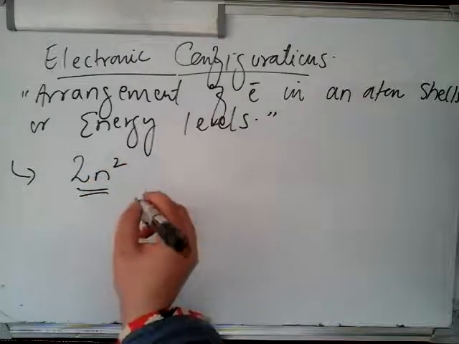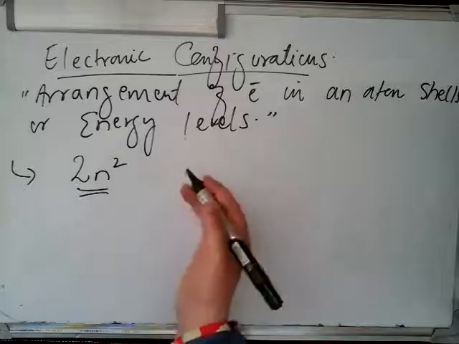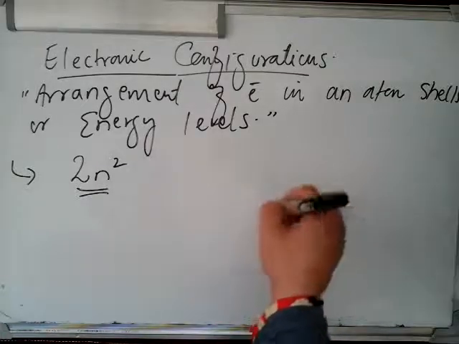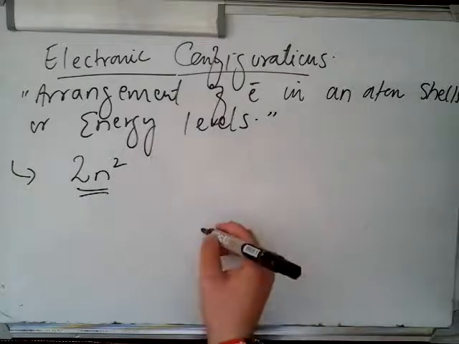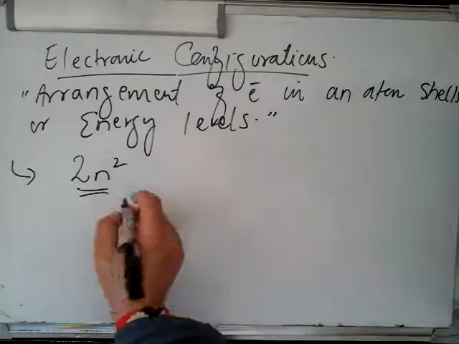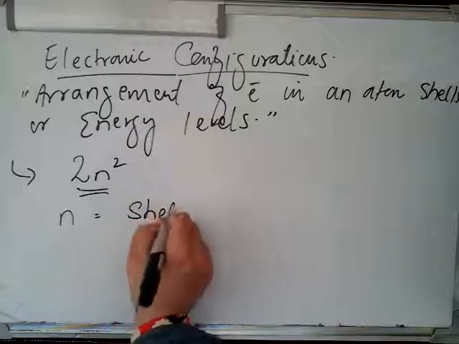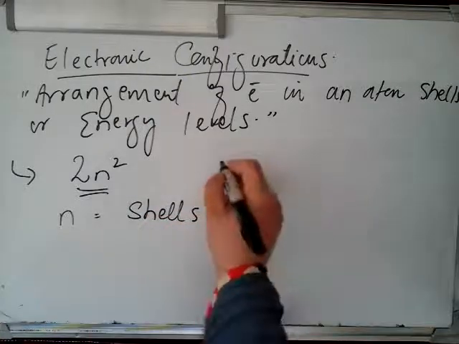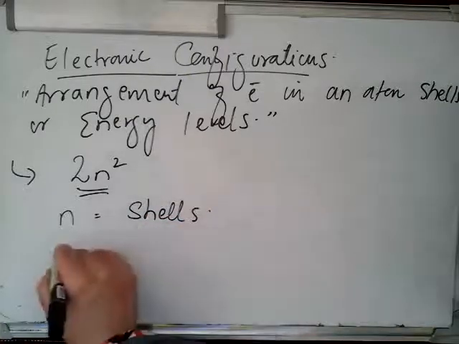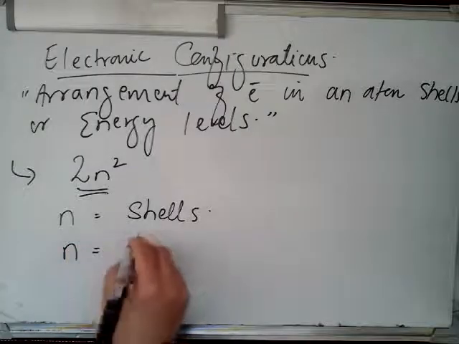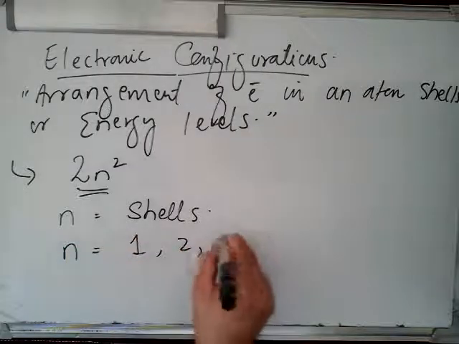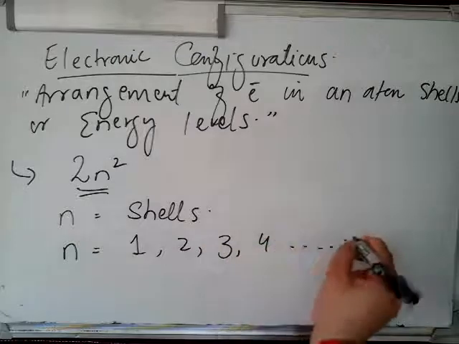This rule can be applied for the arrangement of electrons in the first, second, third, and so on energy levels. Here n represents shells, and it starts from 1, 2, 3, 4, and so on.